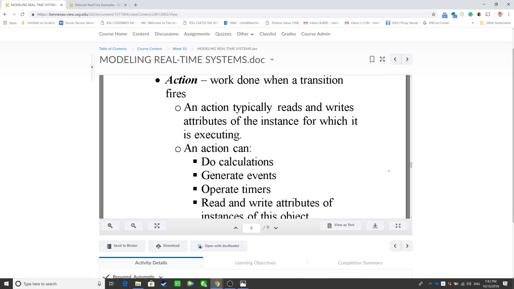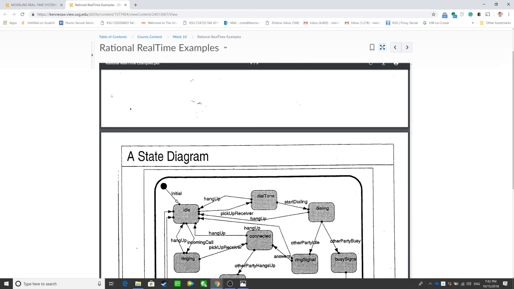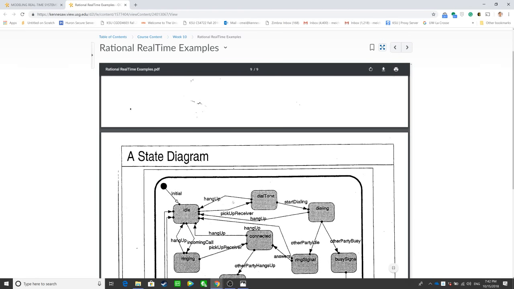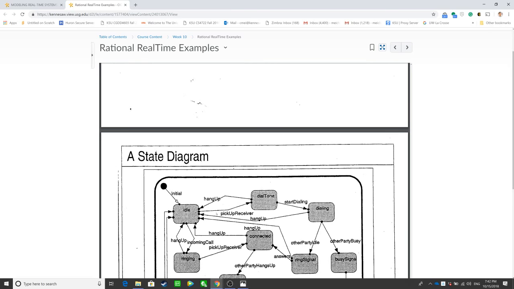Okay, so when you are doing the transition from idle to dial tone, when you pick up the receiver, some actions actually happen in this capsule. Maybe some attributes may be changed, or some method has been called, the behavior of ringing the dial tone.